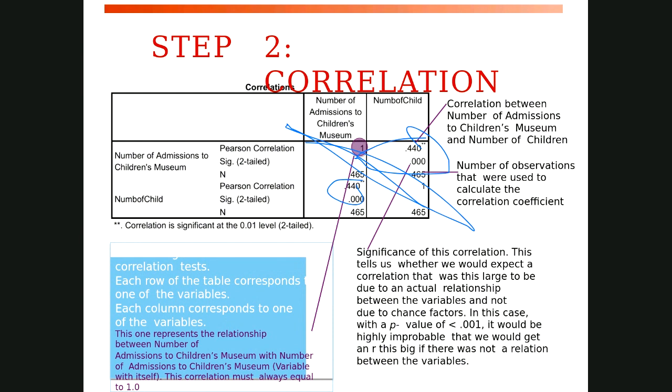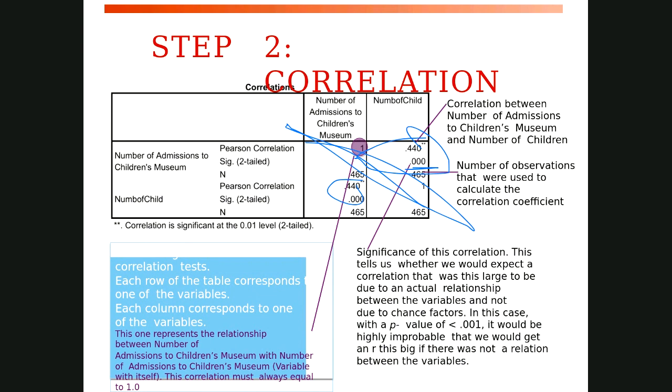In this case, number of admissions to the Children's Museum and number of children. And we can see that there is a significant correlation or relationship between these two variables, with a correlation of 0.44. And the significance in your output is 0.00, which should be reported as p less than 0.001, because it can never be 0, but it's just a very small number.